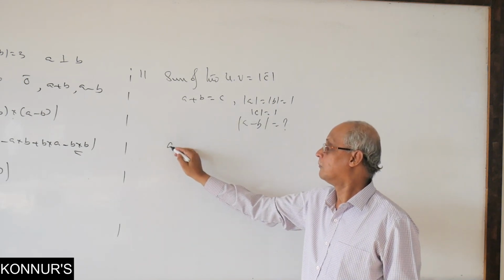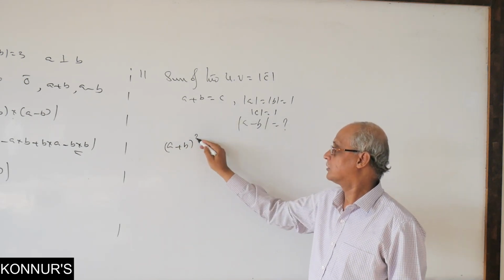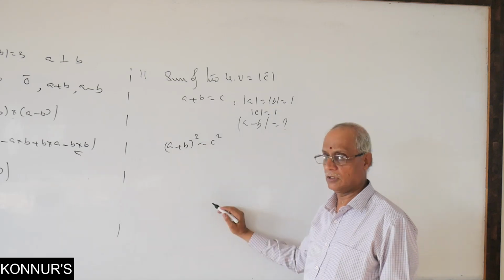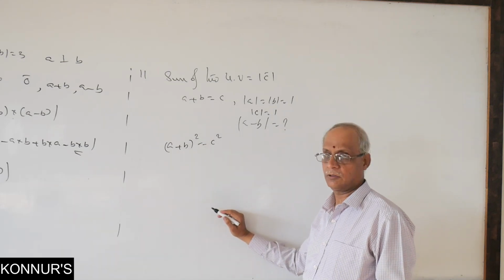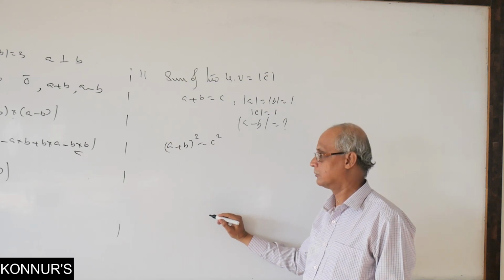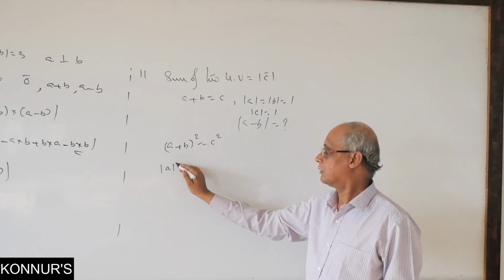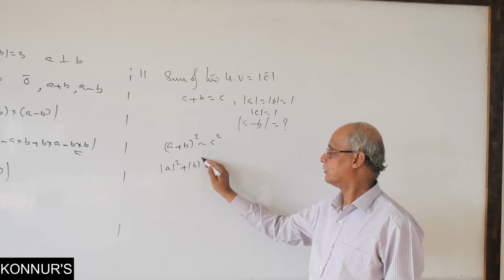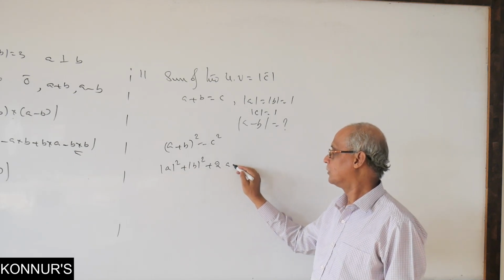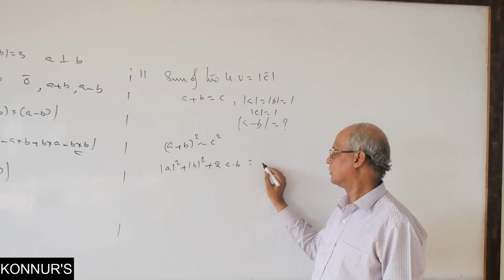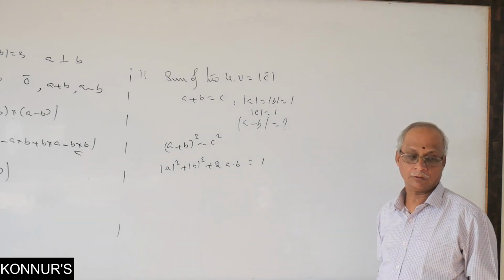Squaring, A plus B whole square is C square. When we consider the square here, immediately the vectors become scalars. That is why we have to put the modulus. A square plus B square plus 2 times A dot B is 1, since C square is 1.